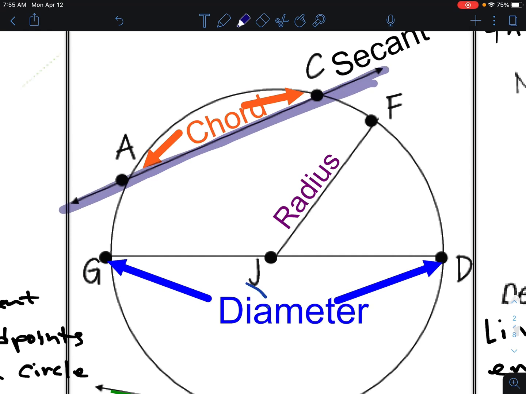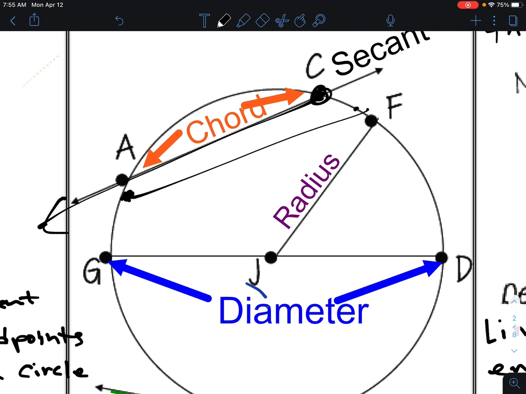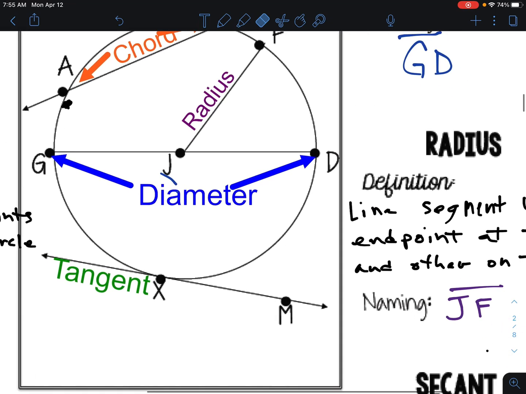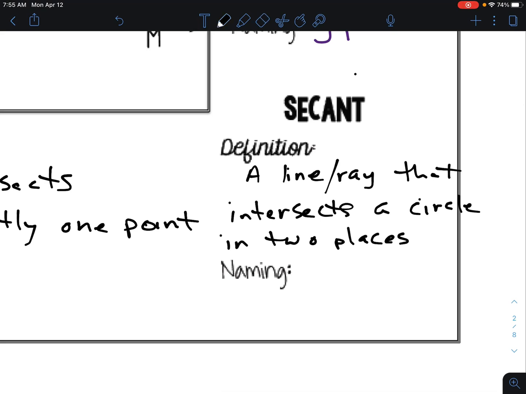Or you could say the ray, start at C and go all the way, or likewise start at A and go this way. So it's more than just the line segment. It has to go through and extend in at least one direction. So we would name that one with the arrows. Start at one of the points and go through with the ray, or start at the other endpoint and go through to make the ray.